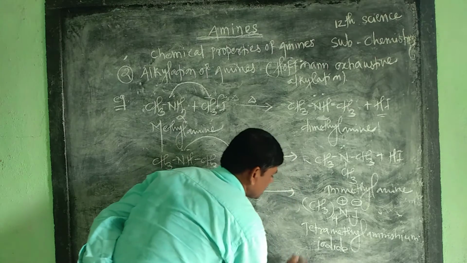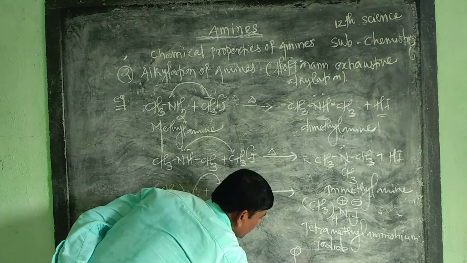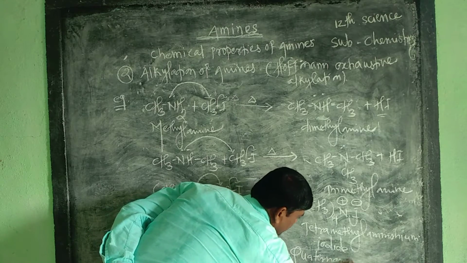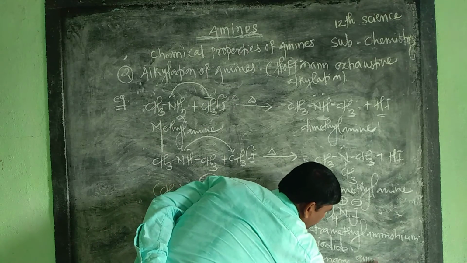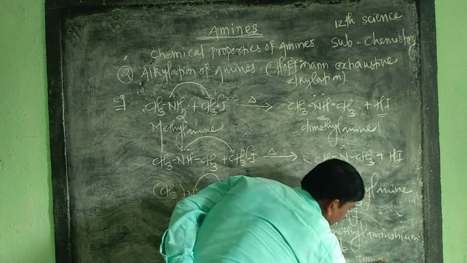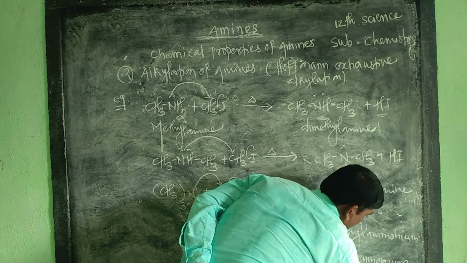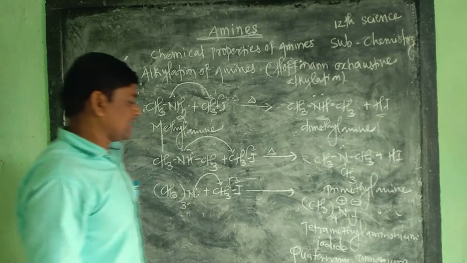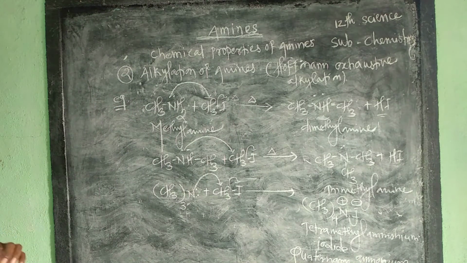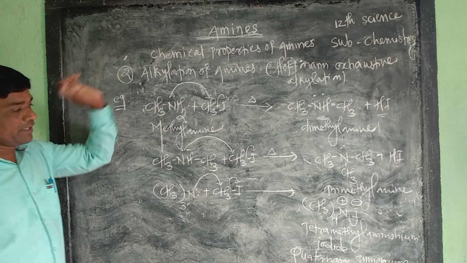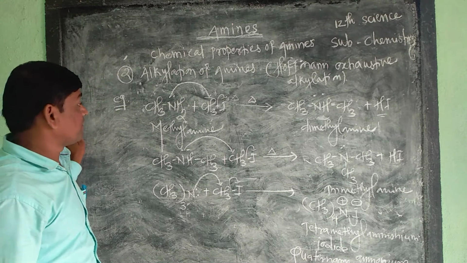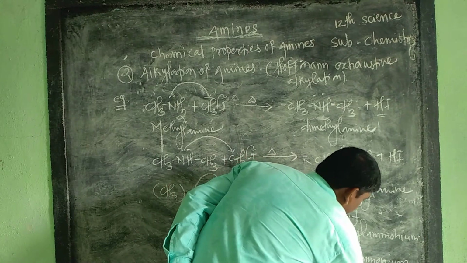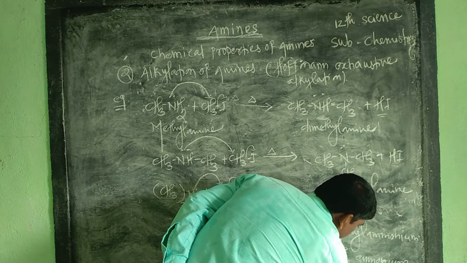Okay, and this is known as a quaternary ammonium iodide. Okay, in this way we prepare the quaternary ammonium salt. Iodide, that means this iodide is a salt.